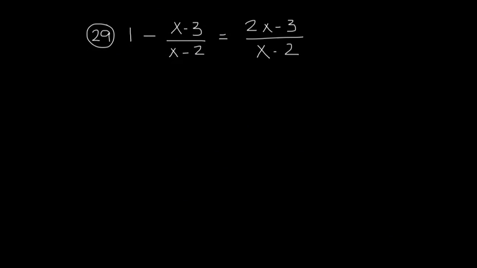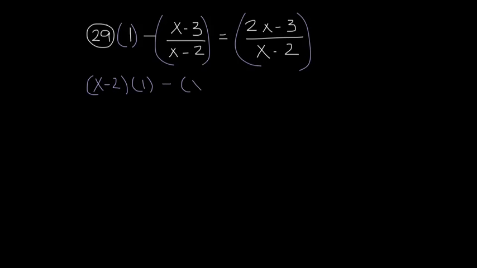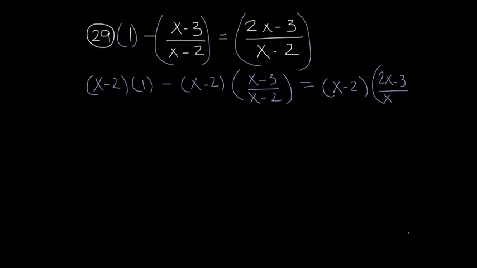Same thing here. I have fractions, and I have a 1. The fractions both have denominators of x minus 2, so that's my common denominator. So I can take x minus 2 times 1 minus x minus 2 times x minus 3 over x minus 2 equals x minus 2 times 2x minus 3 over x minus 2.